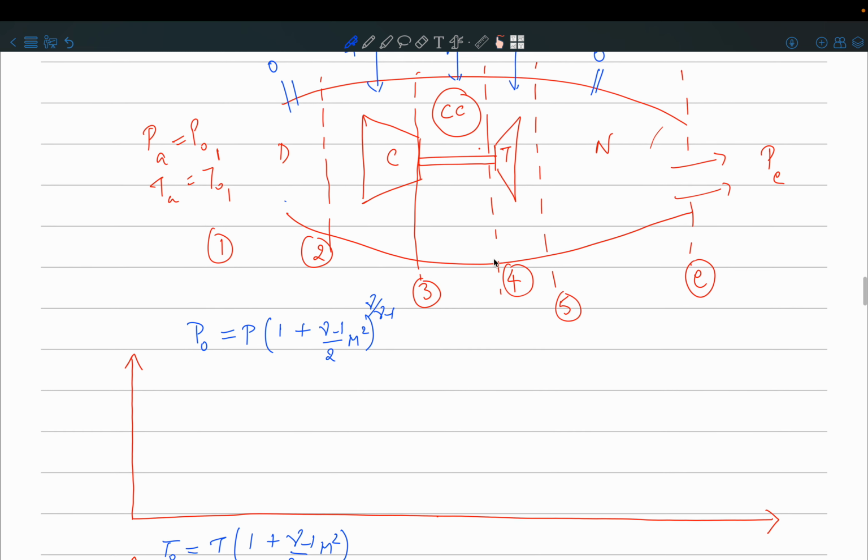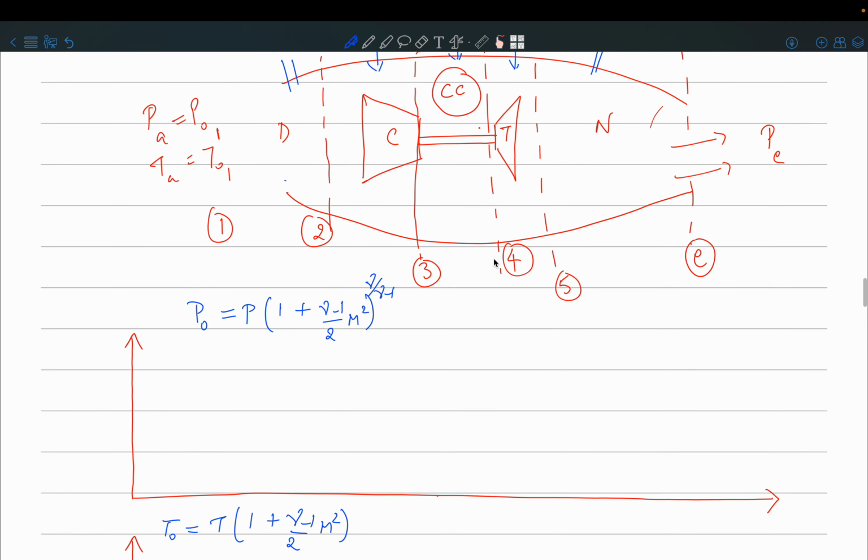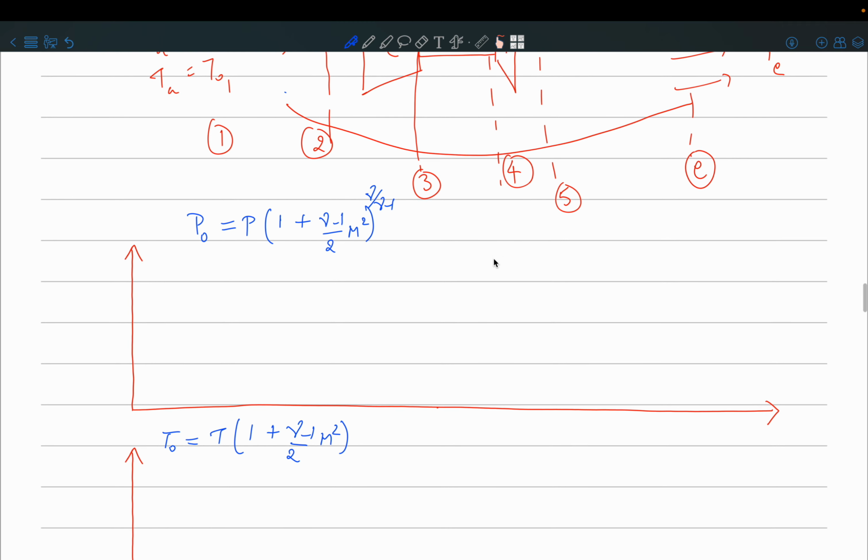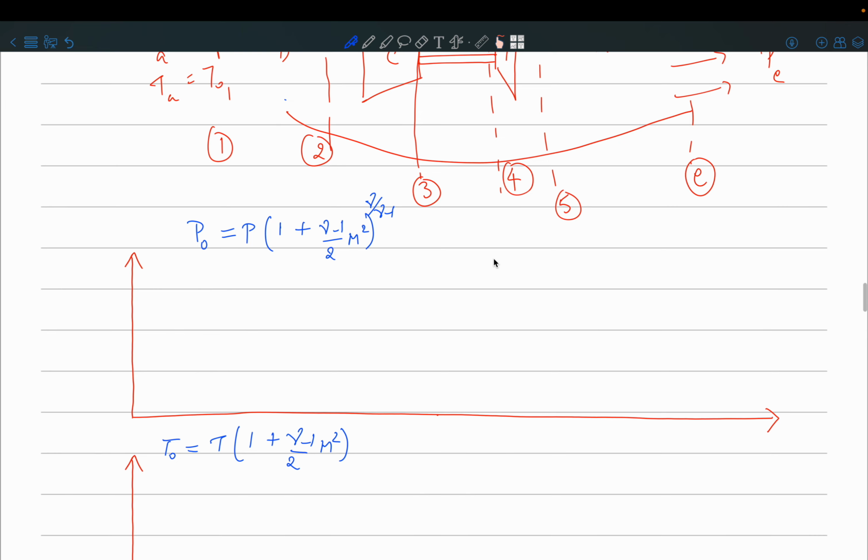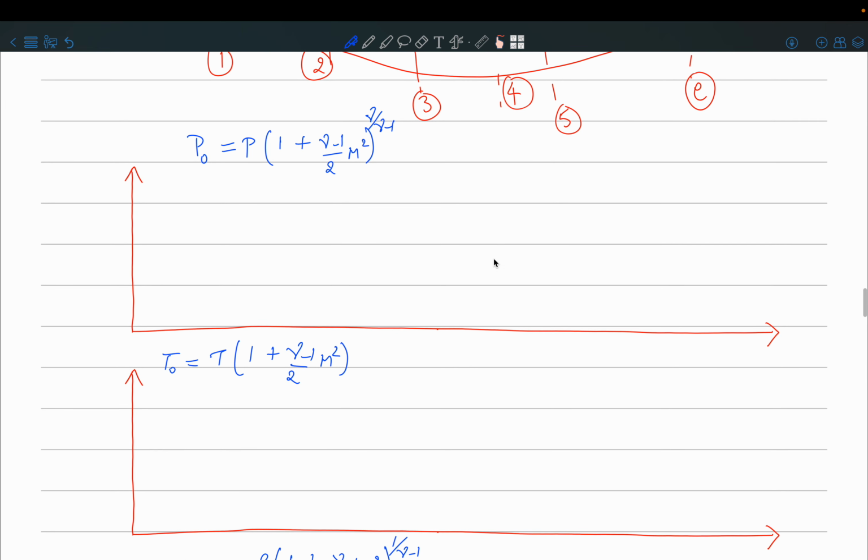So you remember the Brayton cycle. Okay, so now let us answer these questions. So I'll just draw, call this diffuser, compressor, then combustion chamber, turbine, and nozzle. So let us start with the easy thing, stagnation pressure.